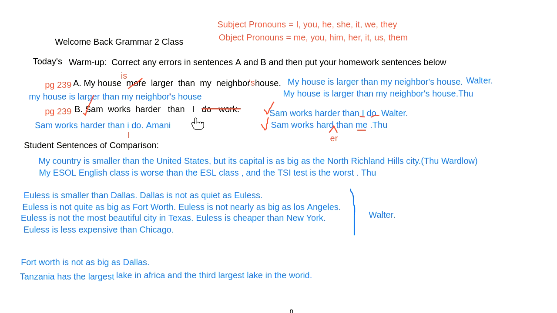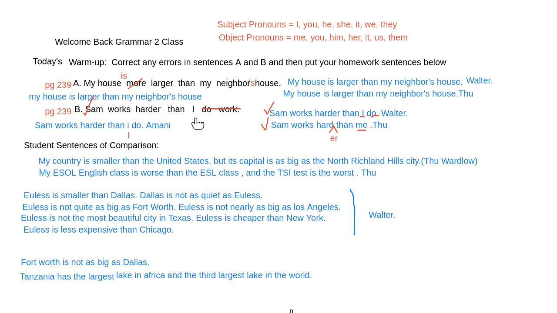But if you look in your book on page 239, look what it says at the top of the box. It says in formal English, a subject pronoun follows than.